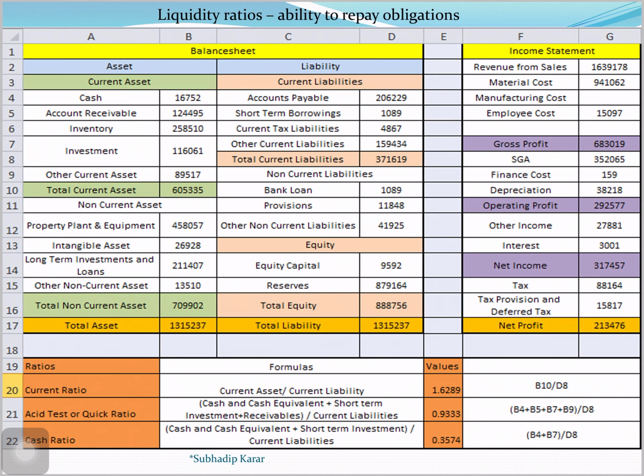Current ratio. It is the most commonly used ratio for analyzing liquidity. It measures the company's ability to pay off short-term liabilities with current assets. It is derived by dividing current assets by current liabilities.